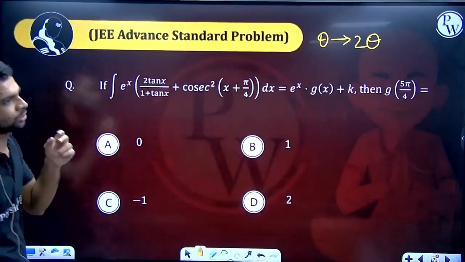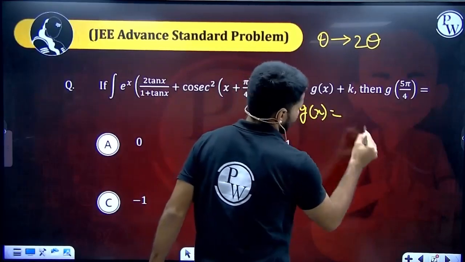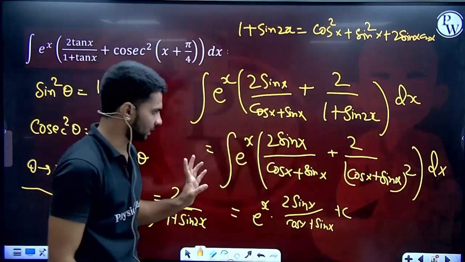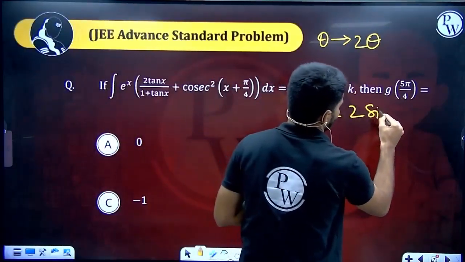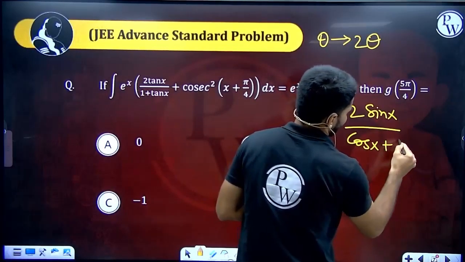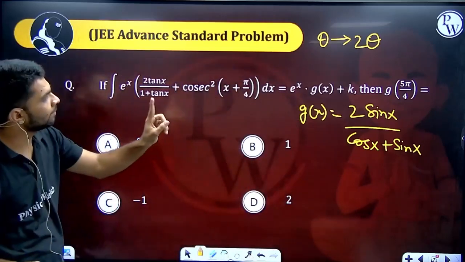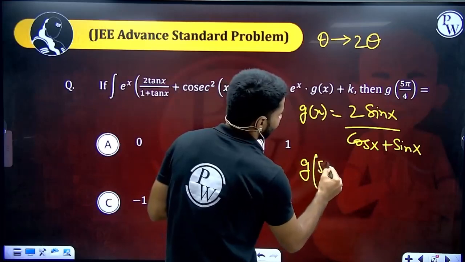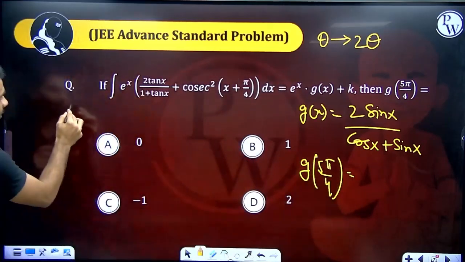Now compare it with g of x. So g of x is equal to 2 sin x upon cos x plus sin x. We require g of 5 pi by 4. Put x is equal to 5 pi by 4. 5 pi by 4 is an angle of the third quadrant.